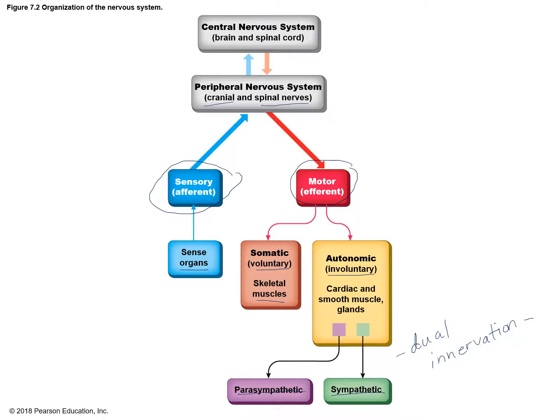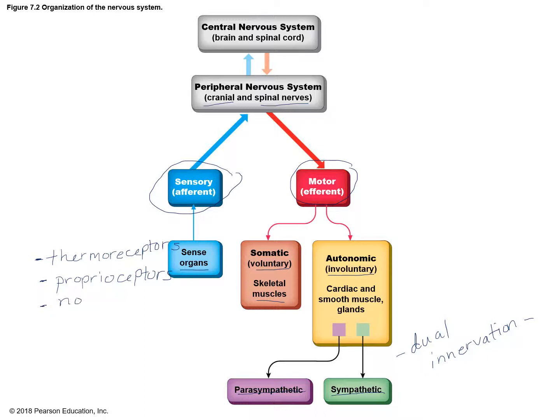Those are going to be things like thermoreceptors. Those would be nerves that sense changes in temperature. Proprioceptors, which basically keep track of body position in space and help with keeping track of body and limb movements.